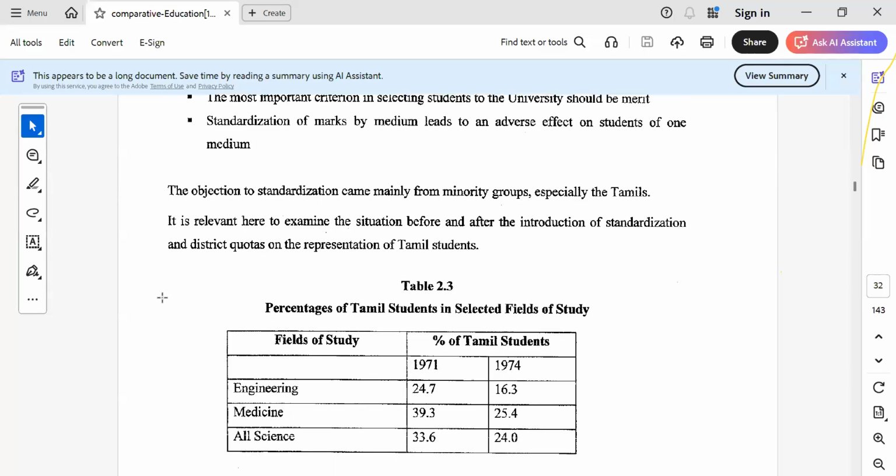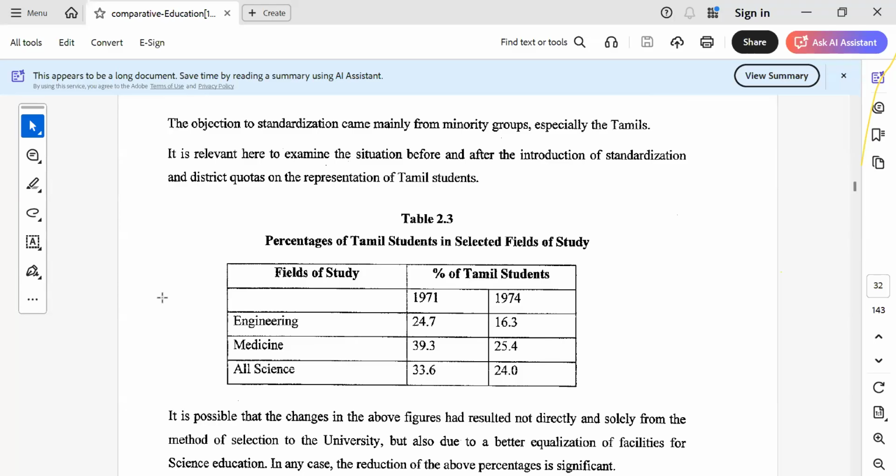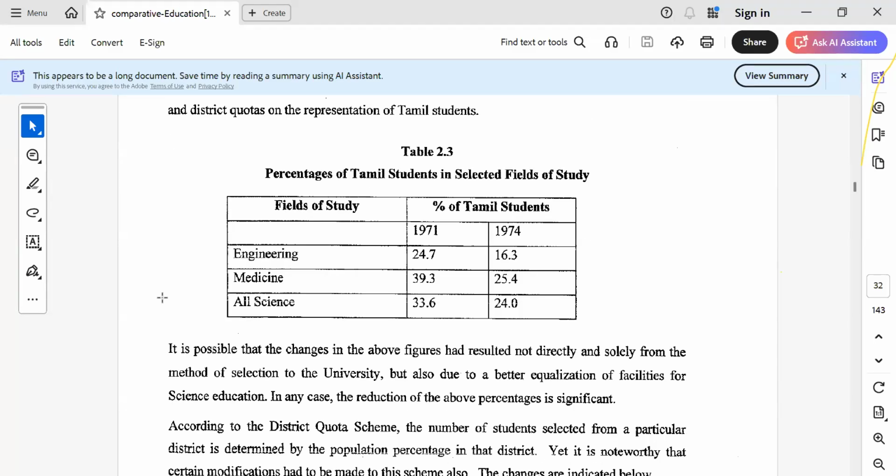So here you can see the percentage of Tamil students in selected fields of study. In 1971, engineering 24.7, in 1974, 16.3. Medicine, 1971, 39.3, 1974, 25.4. All sciences, 36 to 24.